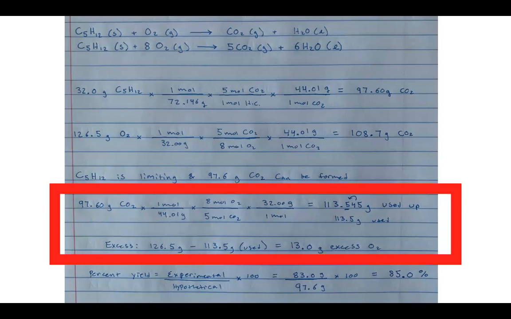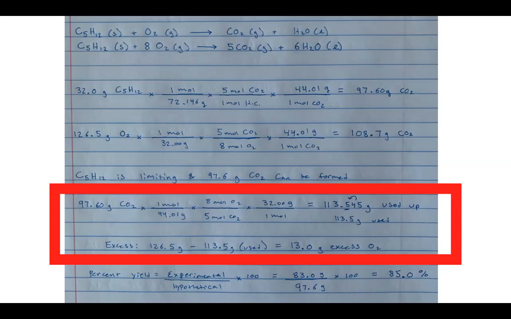And when we do this dimensional analysis, 97 grams of CO2, 1 mole of that is 44 grams. From our balanced chemical equation, we know that it takes 8 moles of oxygen to make 5 moles of CO2, and that 1 mole of oxygen weighs 32 grams. This helps us find that we used up 113.5 grams.